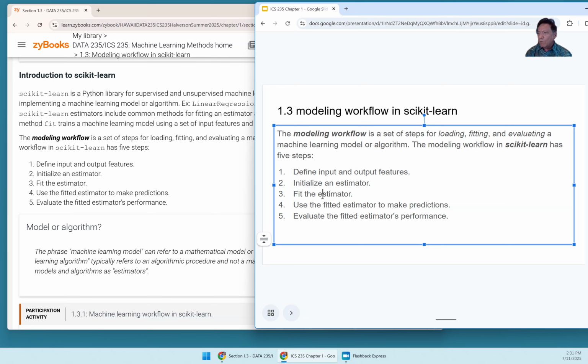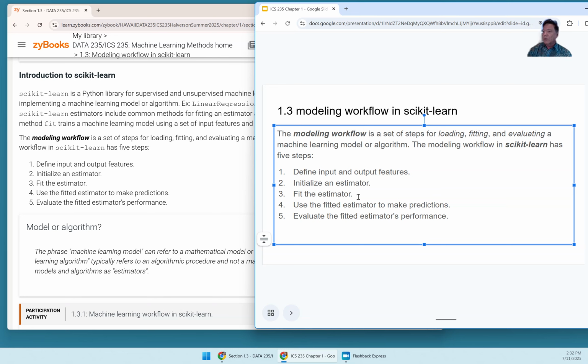And then you fit the estimator, and that involves training the estimator. You should have a massive amount of existing data where you have inputs and you have outputs, and that's real data, and you train the estimator based on this existing real data. Then after that, you can use that fitted estimator to make predictions.